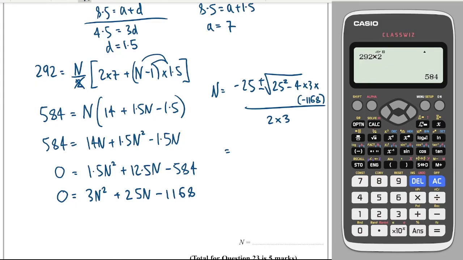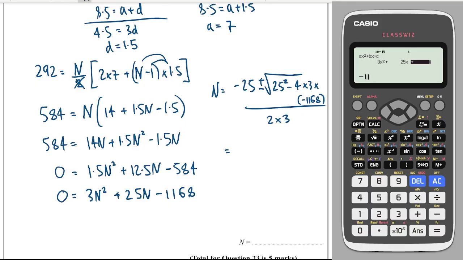So I do that, but secretly I go to my calculator and I go to the polynomial, degree 2. 3, yes. 25, yes.